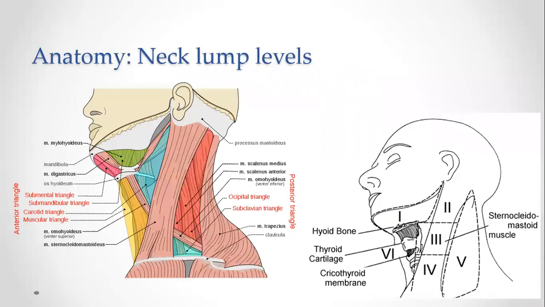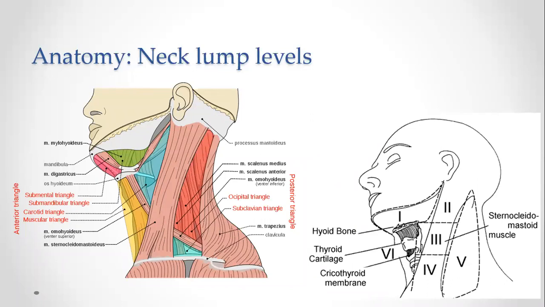Okay, so before we start on the neck swellings, I will explain briefly the anatomy of the neck. There are two diagrams. The first diagram shows the anatomical division of the neck regions.